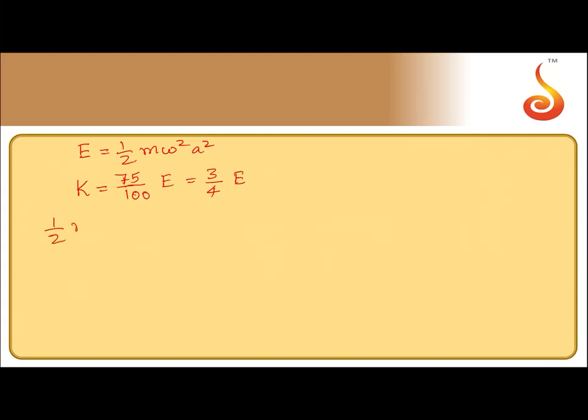Kinetic energy is half m omega square into a square minus x square, or half m v square. If y is a sin omega t, then v should be a omega cos omega t. So half m omega square a square cos square omega t should be equal to 3/4 of half m omega square a square.